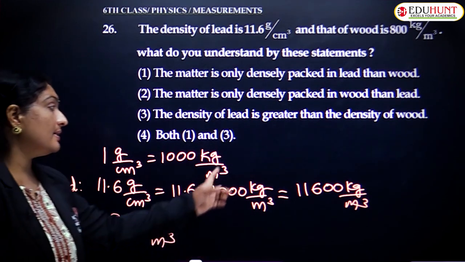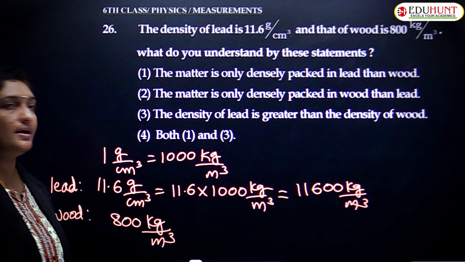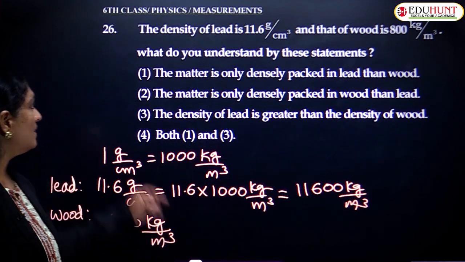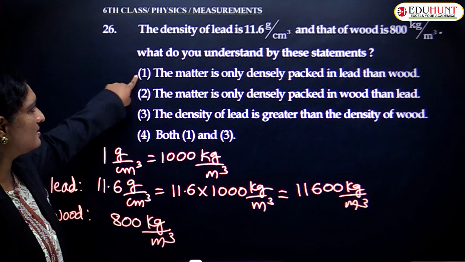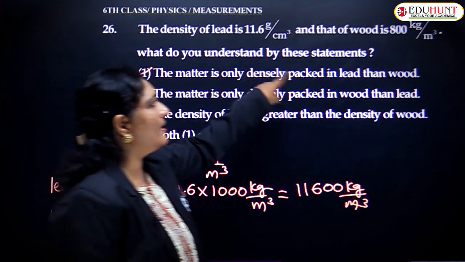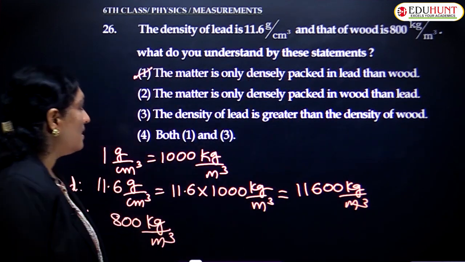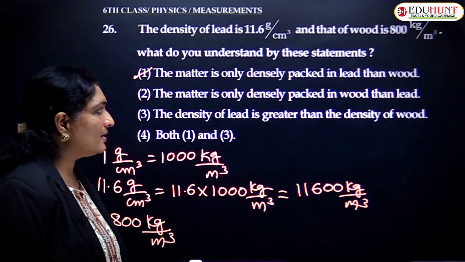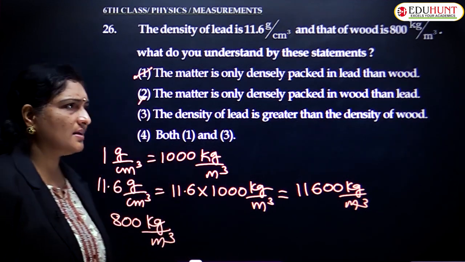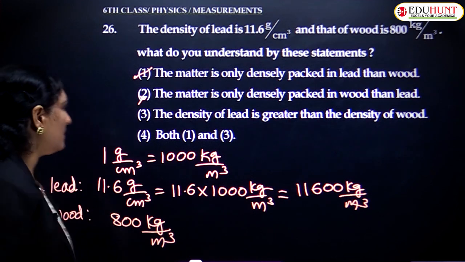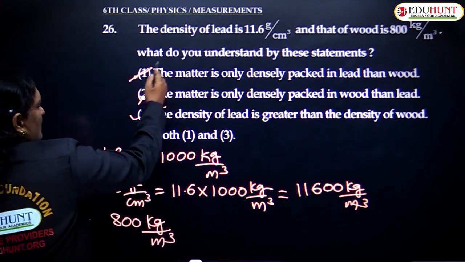So clearly density of lead is more than the density of wood. Okay. The matter is only densely packed in lead than wood. Yes. So lead has more density when compared to wood. The matter is only densely packed in wood than lead. No. The density of lead is greater than density of wood. Yes, of course. So which one is true?